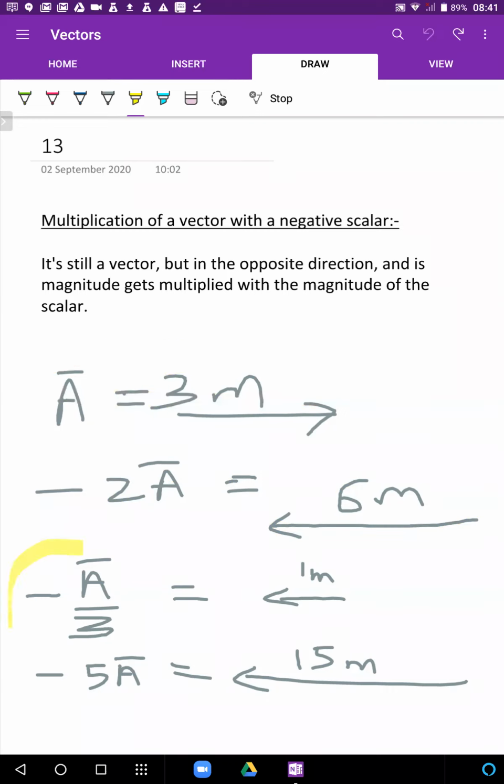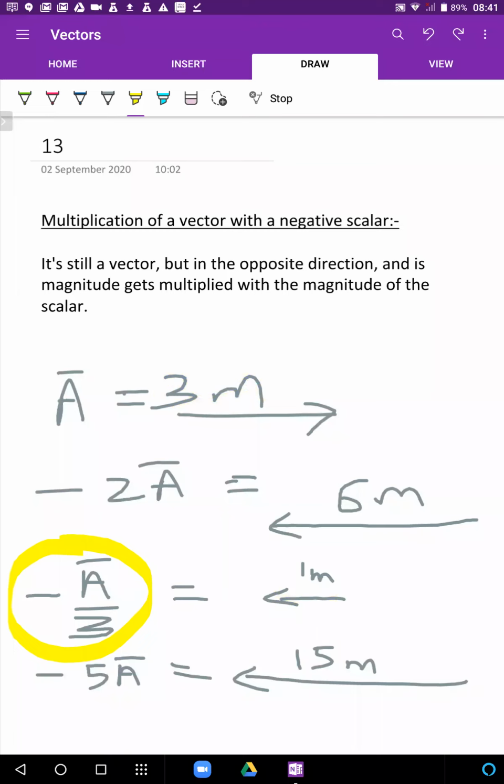Minus a bar by 3, what will that be? तो माइनस साइन पहले क्या करेगा, इसका डायरेक्शन को उल्टा करेगा, एंड ए बार बाई 3 मतलब मैग्नीट्यूड को तुम 3 से डिवाइड कर लो, तो 3 मीटर डिवाइडेड बाई 3 विल गिव मी 1 मीटर. So minus a bar by 3 becomes 1 meter towards the left. These are random examples, but you're getting it.